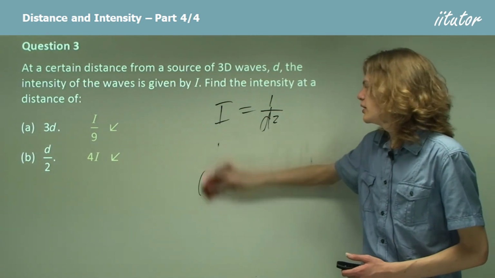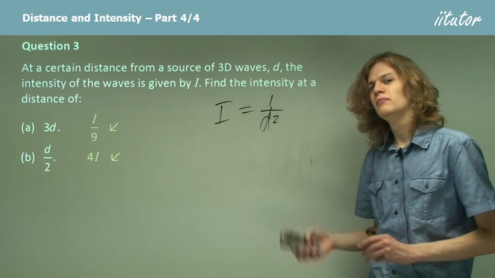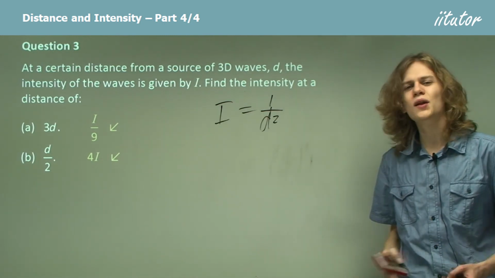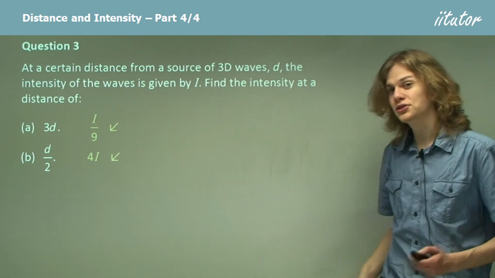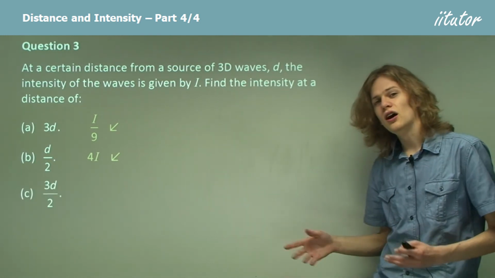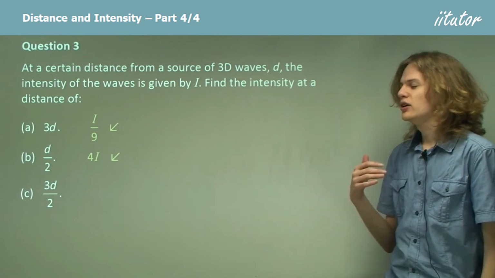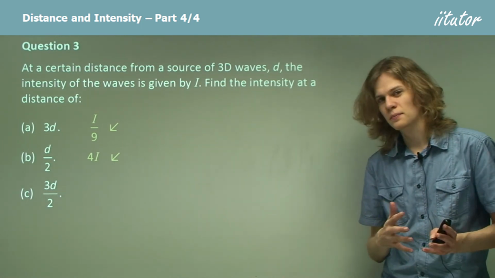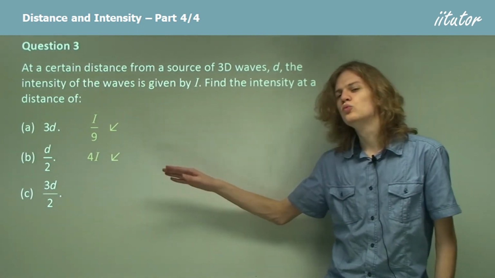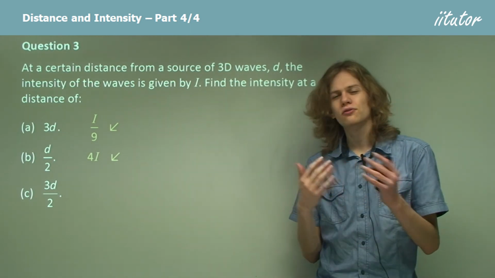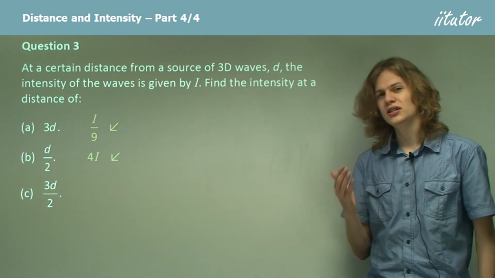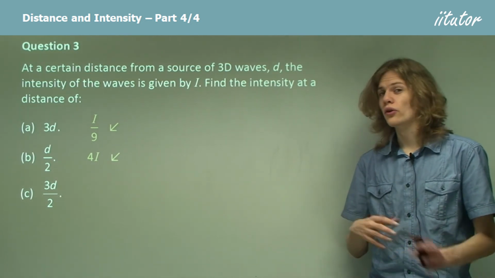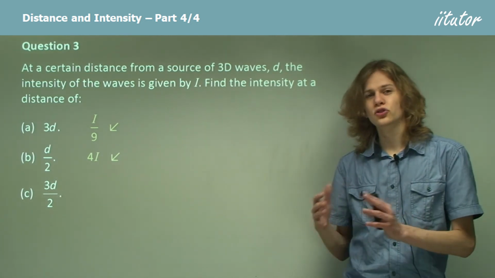Don't forget that if we divide a fraction, then that's the same as inverting and multiplying. And in fact, that will come in useful for part C. Part C asks what will happen if we increase the distance by 50%. That is, if our new distance is 1.5 times as far away as our original distance. So in this case, we're going to get dimmer by a factor of not 1.5, but 1.5 squared.